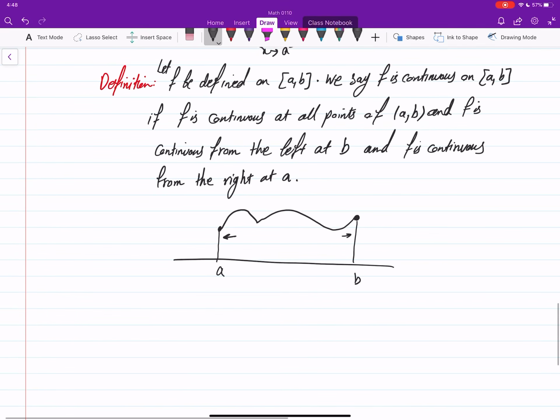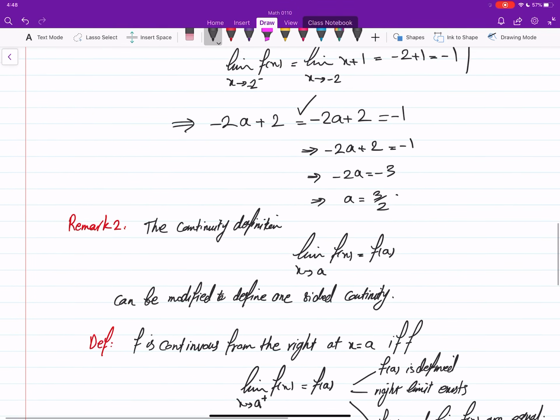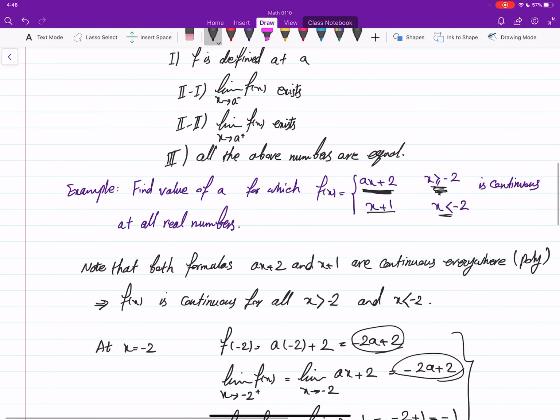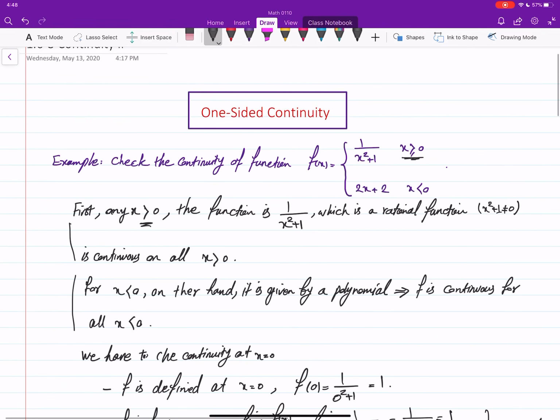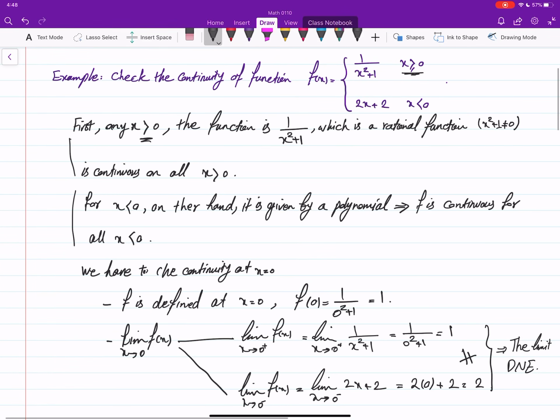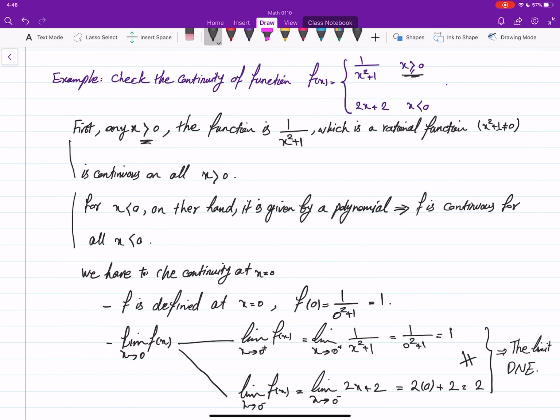For example, let us go up to the first example we have here. What we showed is that this function is continuous from the right at 1.